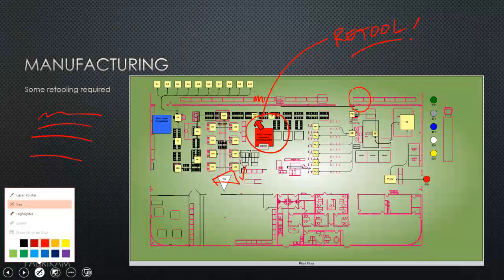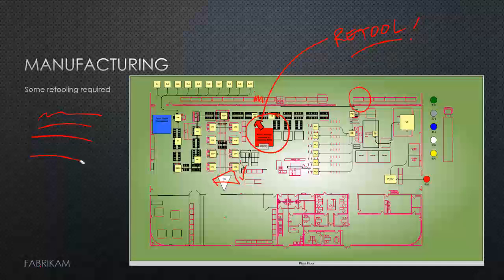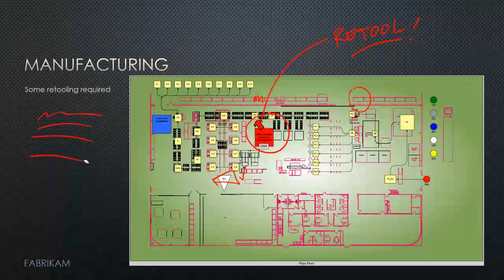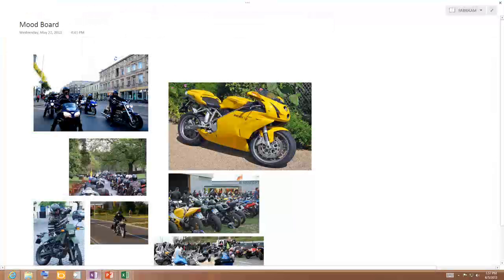Oh, because I have the stylus, I can just actually erase on the screen. It's not erasing on the screen. It says eraser. Oh, there we go. Now we're in eraser mode. I think I've confused PowerPoint. I'll show here.